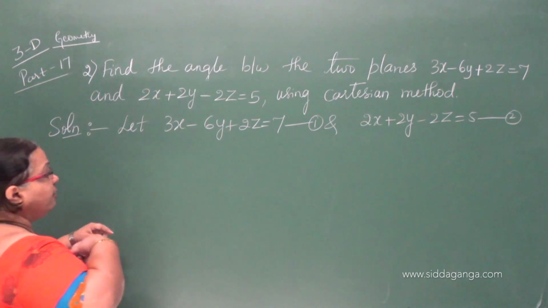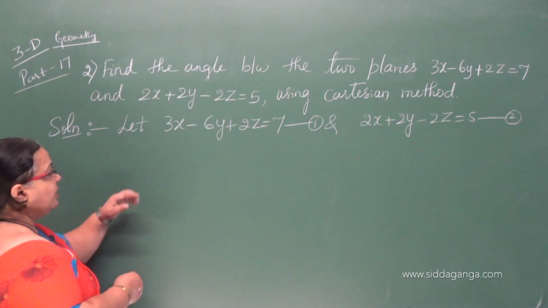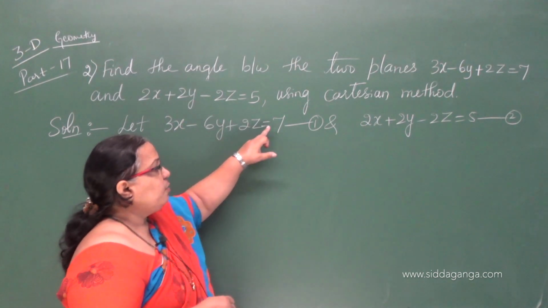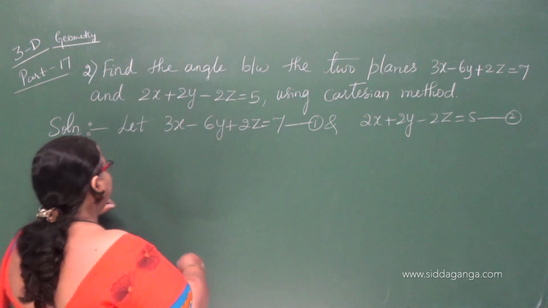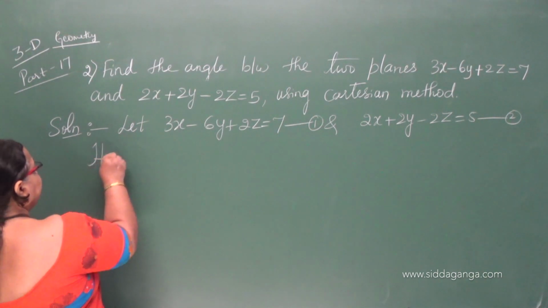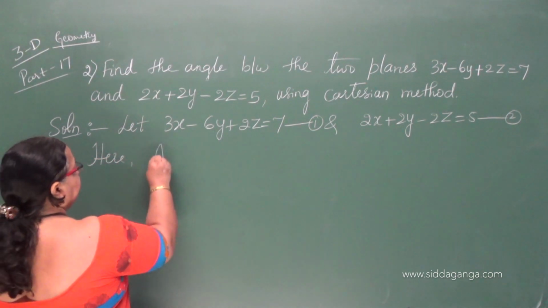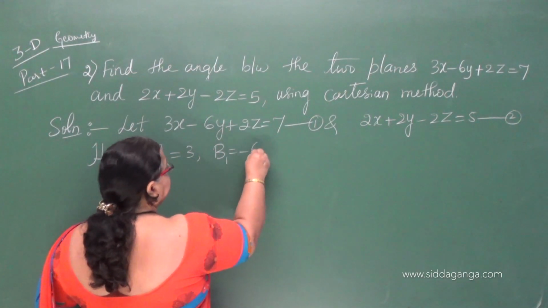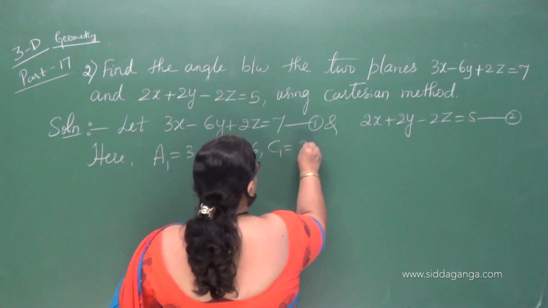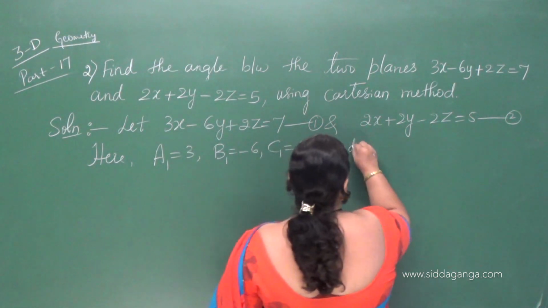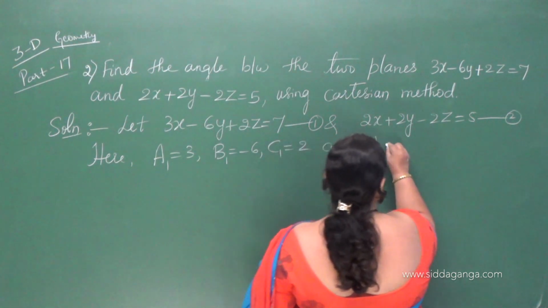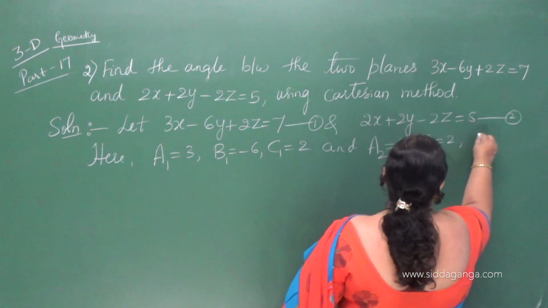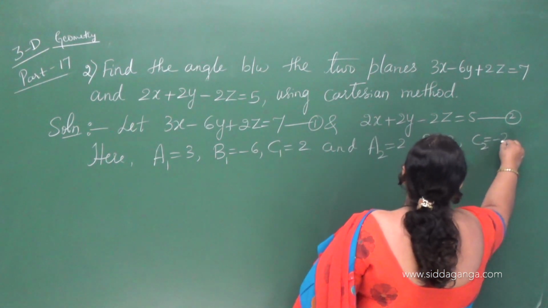So we have to compare this with ax plus by plus cz equal to d. Here a1 equal to 3, b1 equal to minus 6, c1 equal to 2, and in the second plane we have a2 equal to 2, b2 equal to 2, and c2 equal to minus 2.